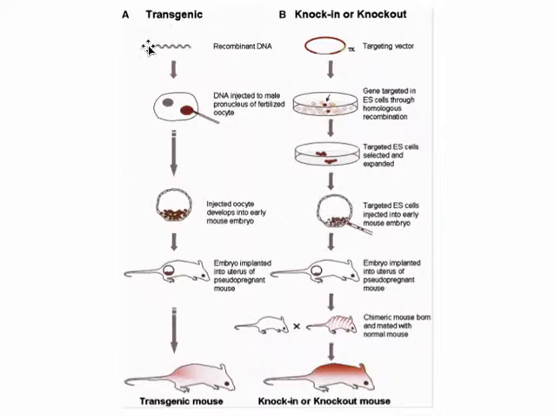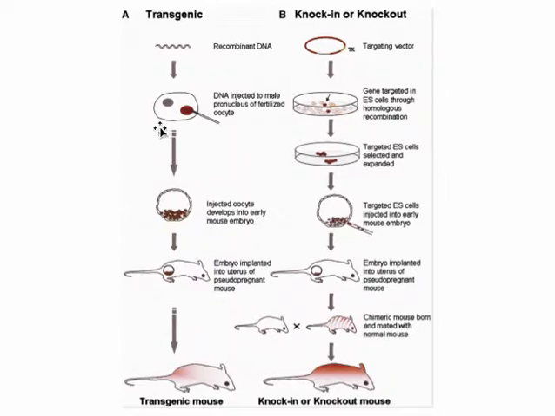So in a transgenic mouse, our DNA gene of interest, we insert it into the germline of the mouse, and once it's in the germline, we create an embryo, and once we have an embryo, we can insert that embryo into a mouse, and then that offspring will have that transgenic piece of DNA. So it will have our DNA that we've manipulated.